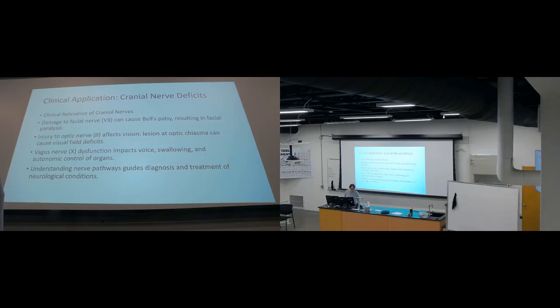So before we move into that part, which is about clinical relevance of the cranial nerves, how will you memorize what cranial nerve is motor, what is sensory, which one is mixed?